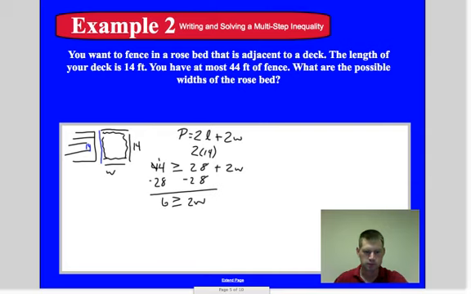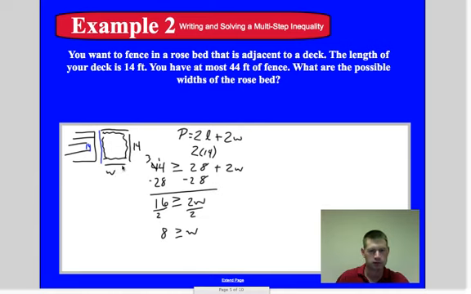We get 16. So we have 16 feet left after the 28. Now as we go through, we divide by 2. And we get 8 is greater than or equal to w, which means that at most the sides here can be 8 feet or below.